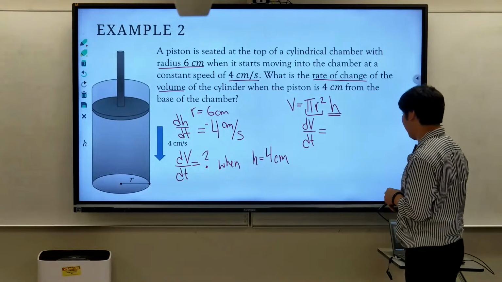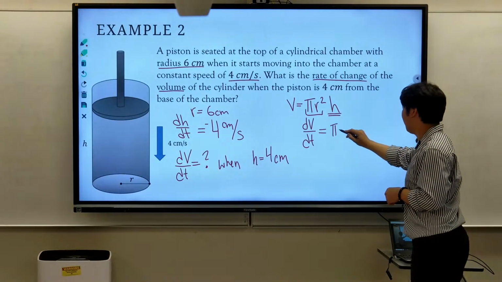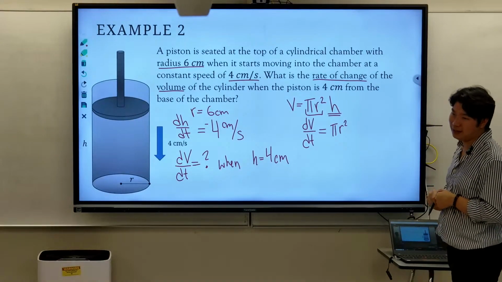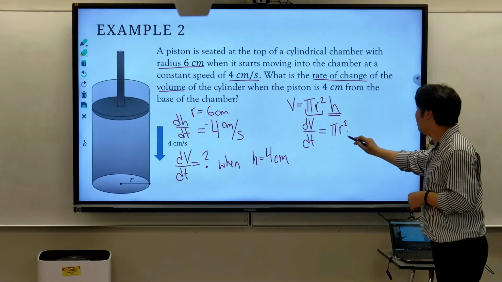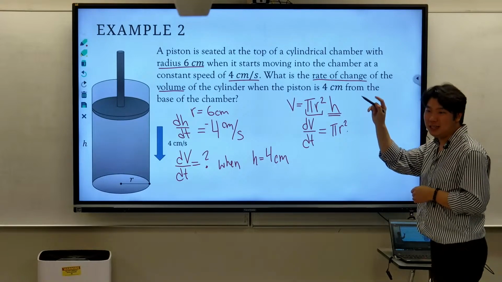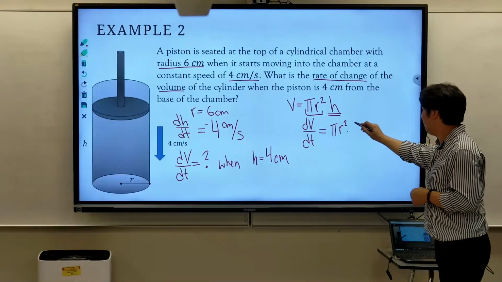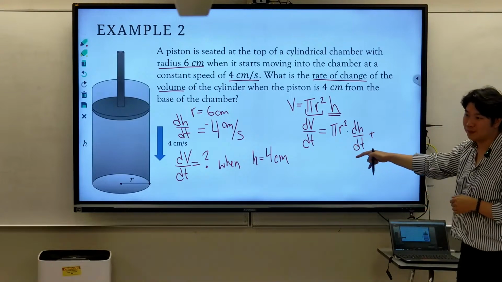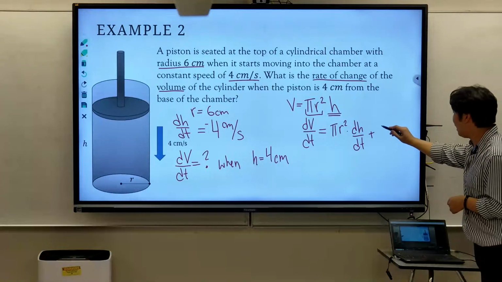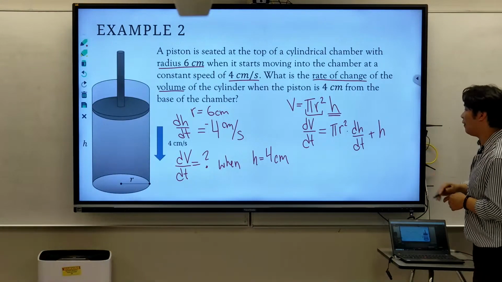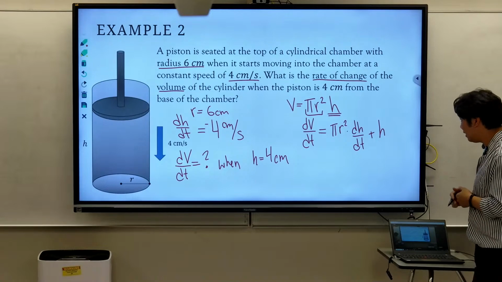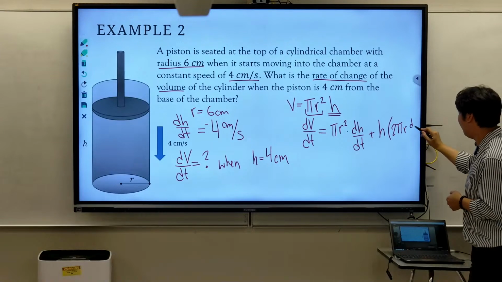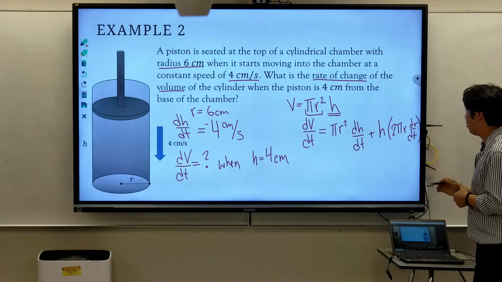The product rule states that the derivative of a product is the first, times the derivative of the second. The derivative of height with respect to time is 1 dh/dt. So first, the second, plus the second, h, and then the derivative of pi r squared with respect to time, we have 2 pi r dr/dt.